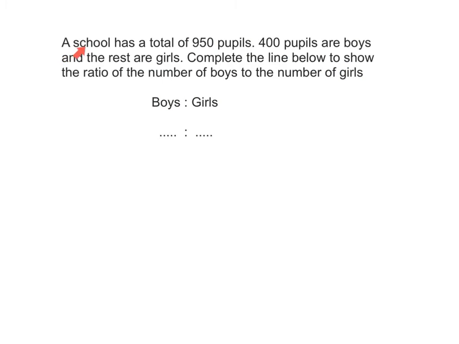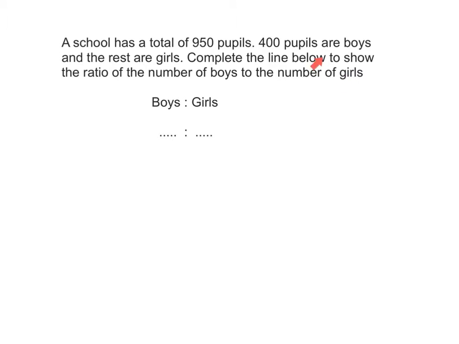Okay, so here it says that a school has a total of 950 pupils. So this is the total. 400 pupils are boys and the rest are girls. Complete the line below to show the ratio of the number of boys to the number of girls.